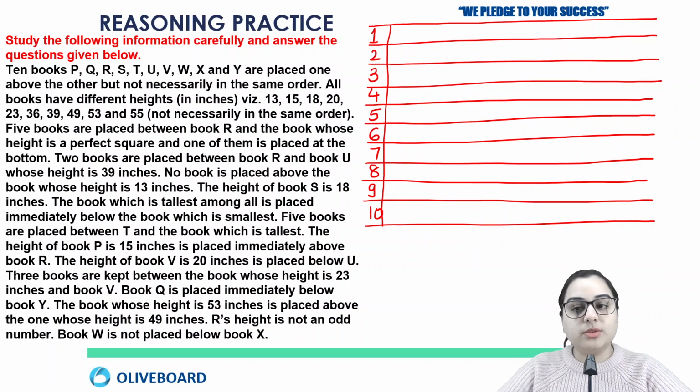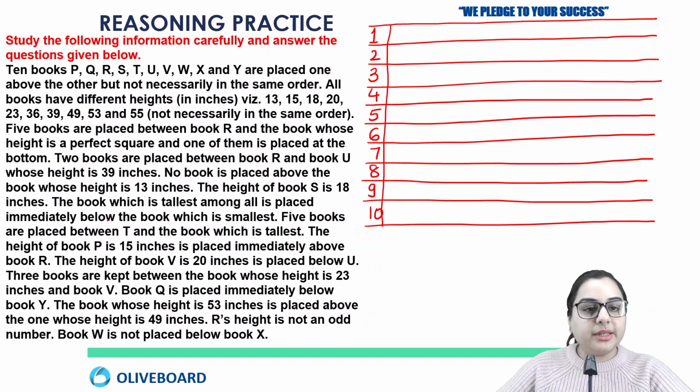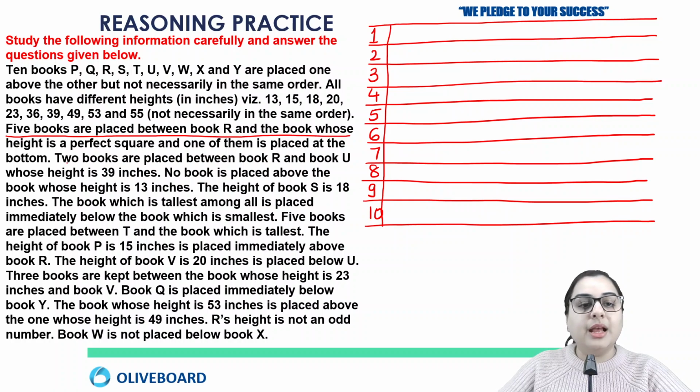When you are going to solve a puzzle, the first thing to do while reading the whole information is to look for some definite information, information that is definite for a position. Like here, the first line says that 5 books are placed between book R and the book whose height is a perfect square, and one of them is placed at the bottom.